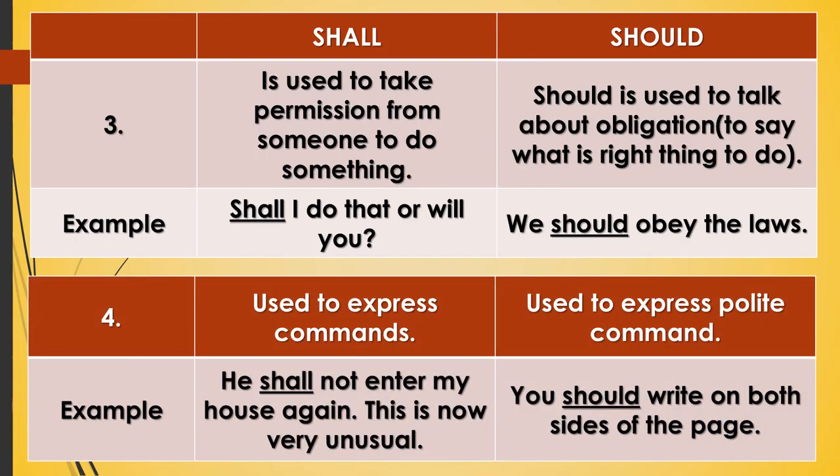Number 4. Shall is used to express commands. For example, he shall not enter my house again. This is now very unusual. While should is used to express polite commands. For example, you should write on both sides of the page.